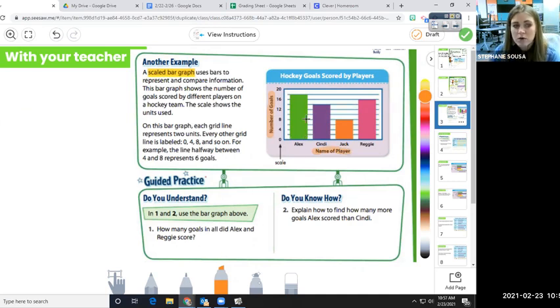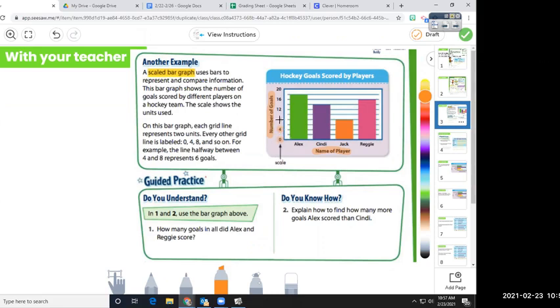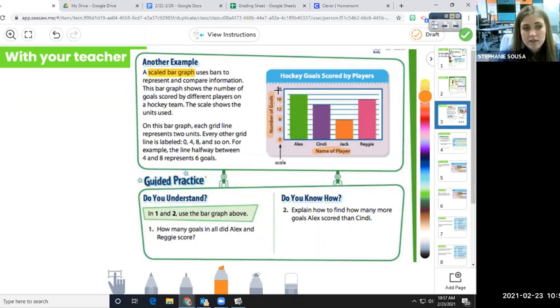So Alex's goals are in green. Cindy's are in purple. Jack's goals are in orange. Reggie's goals are in pink. The scale shows the units used. Okay, so our scale, look right here. What are we counting by? 0, 4, 8, 12, 16, 20.